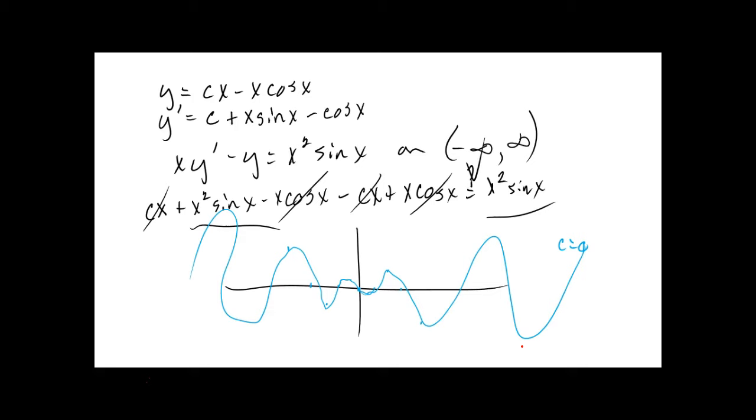What do we have now? Go up here to this one. When x is 0, the first term is 0, the second term is 0, so you're again at 0, 0. When x is equal to, so we're going to have C equal 1. Let's go again to pi halves.